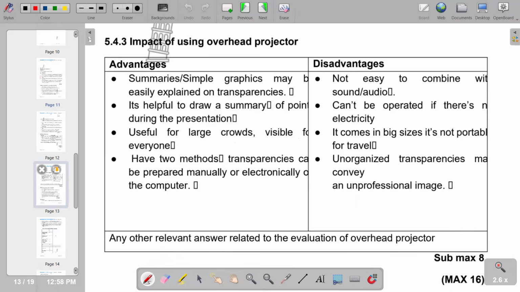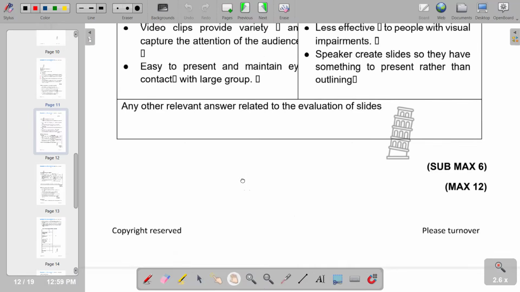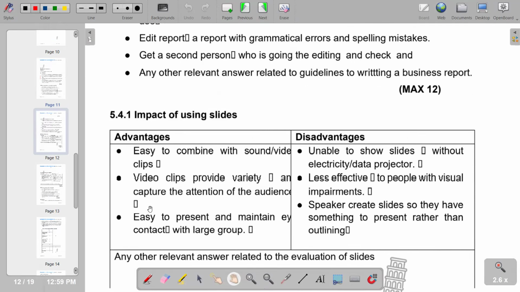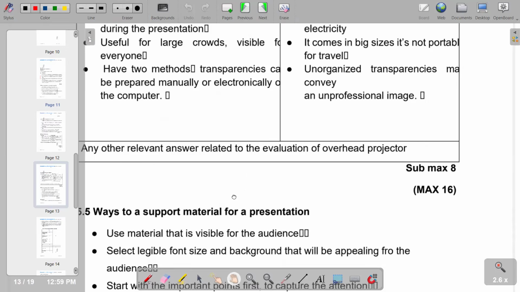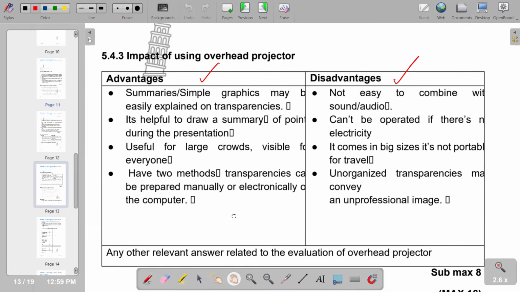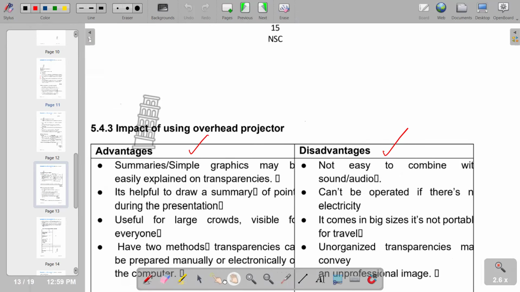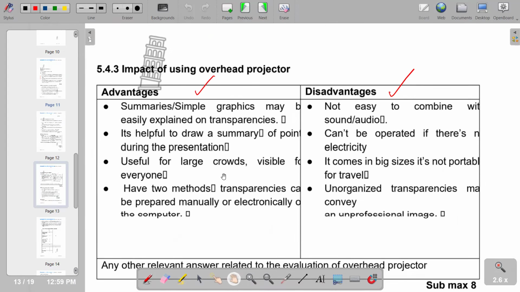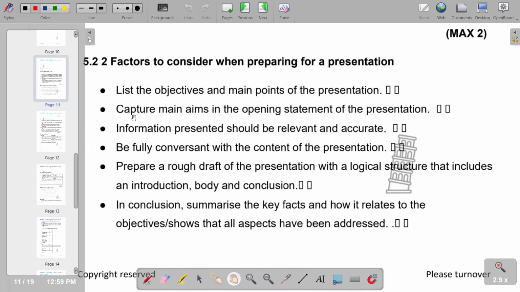Then these are the advantages and disadvantages. So we have slides. And then we have overhead projector.